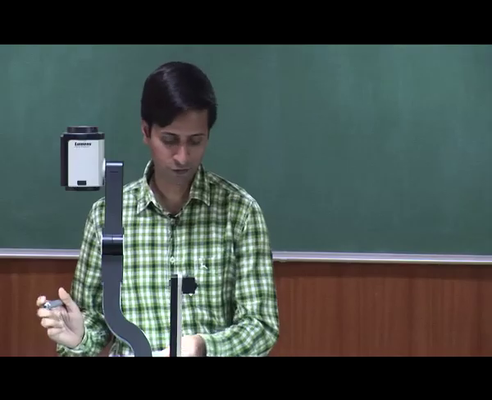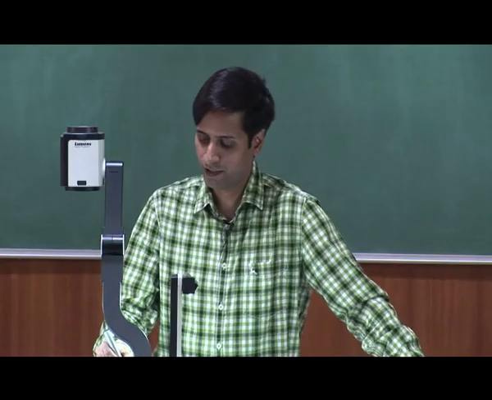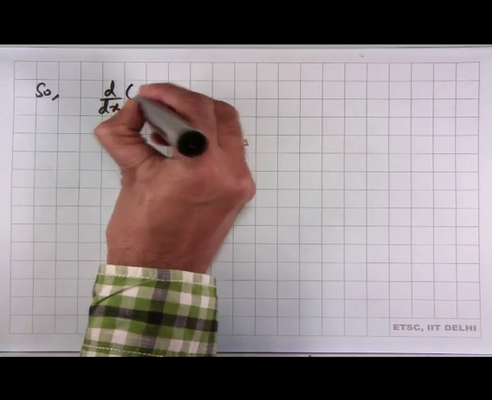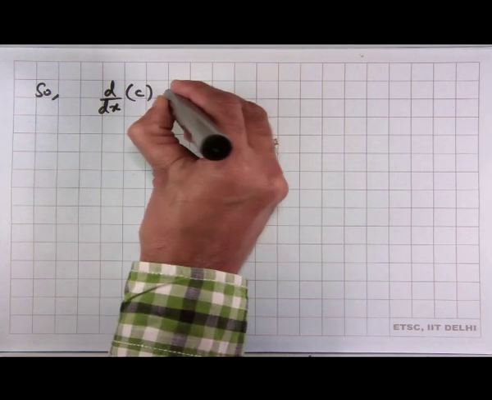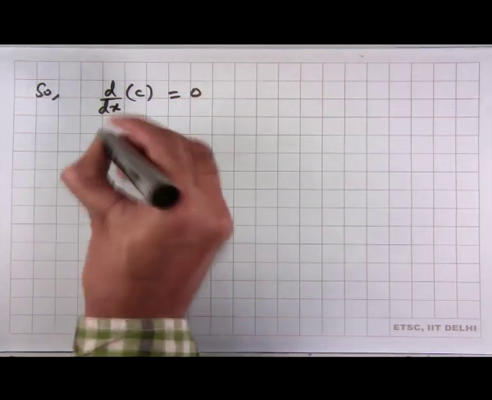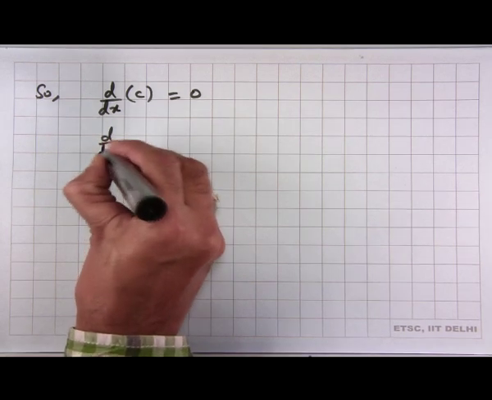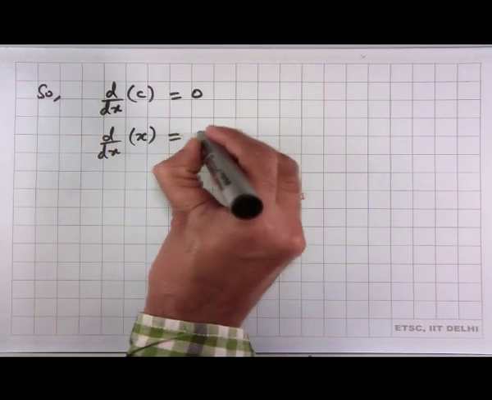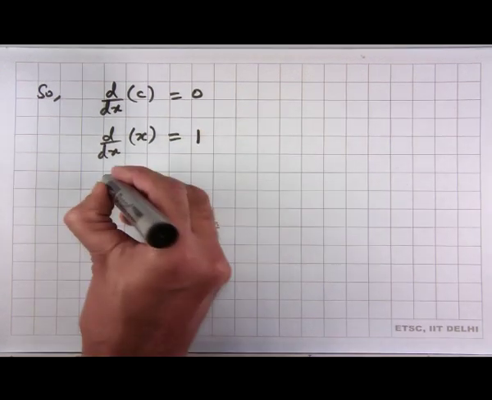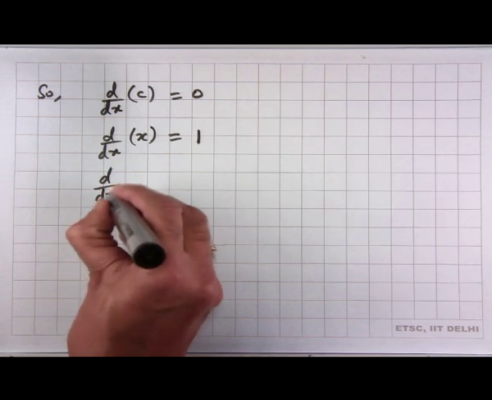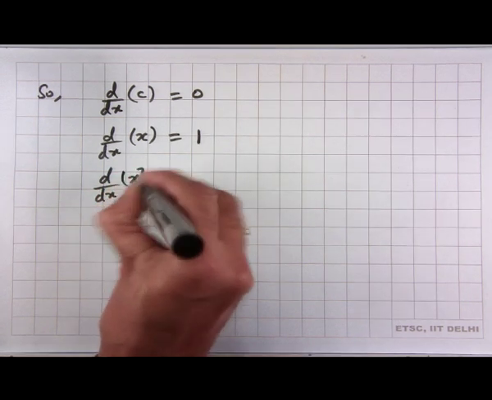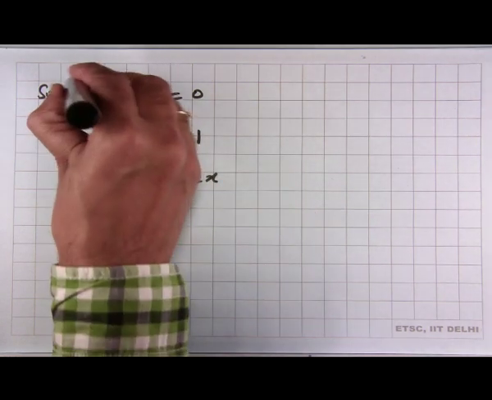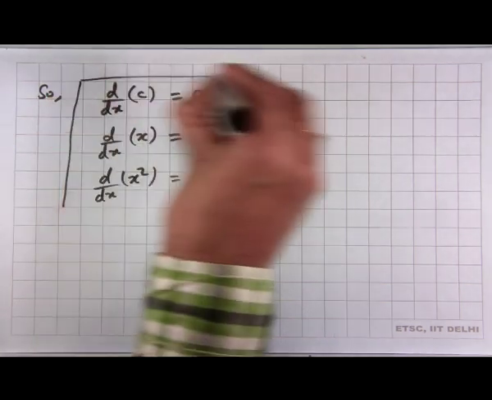So, what we have got so far is, we can write d by dx of any constant function is 0, d by dx of the function f x equal to x is equal to 1, and we saw that d by dx of x square is equal to 2x. So far we have seen these three derivatives.